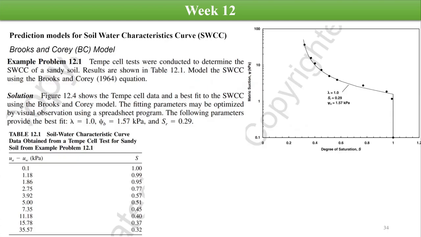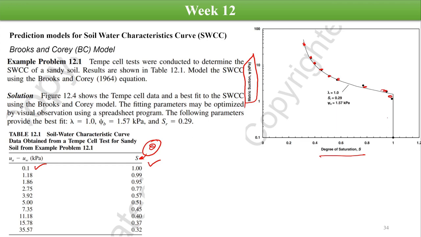So, for example, if we have this data of a particular matric suction and if not theta, then we can have the data of the degree of saturation also. So if we plot it here, degree of saturation versus matric suction, then these data points will be shown like this, right?